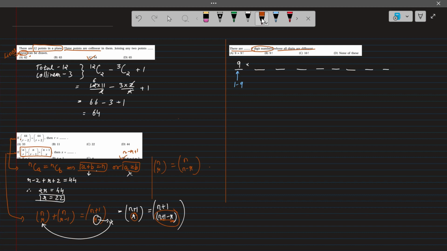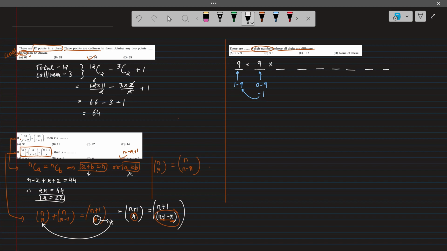At the second place, we can use all the numbers from 0 to 9 except the one which was already written at the first place. So if we have used 2 at the first place, we cannot use 2 here. So we subtract one number from 0 to 9. 0 to 9 makes 10, and 10 minus 1 is 9.